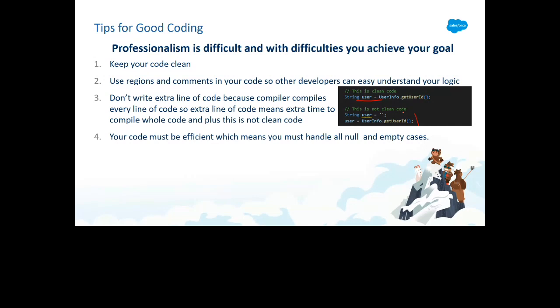So what happens if a customer runs their code in another perspective where the values are null? The code will break. So your code must be efficient and handle all of your scenarios. With these four points, I think you will achieve professionalism and good behavior in your coding technique. So yes, do that.